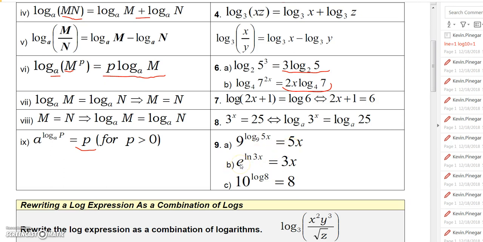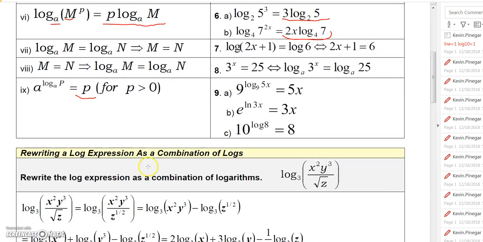And now if I do e to the natural log of 3x, well remember the base of this natural log is understood to be e, so the two bases here are the same, so that would just give me 3x. And likewise, 10 to the common log of 8 would just be 8 because the base of the common log is 10 and this is base 10.